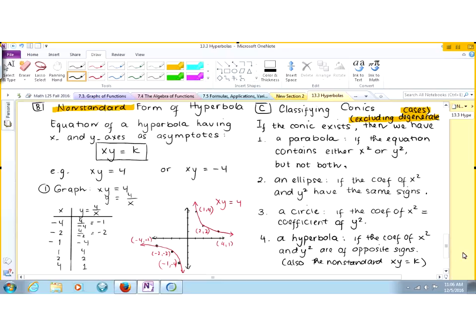So just remember that's the non-standard. Now, let's classify conics.